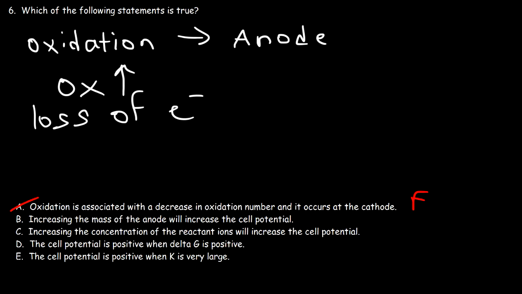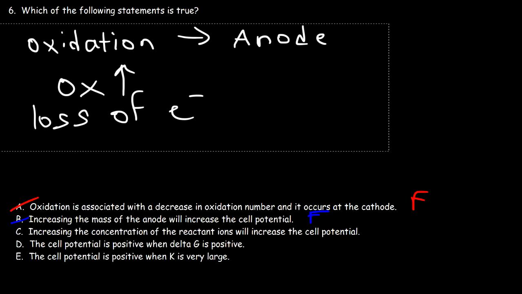Now what about B? Increase in the mass of the anode will increase the cell potential. And that's false. The anode is a solid, and increase in the solid will not change the position of equilibrium. It's not going to affect the cell potential. So B is out.